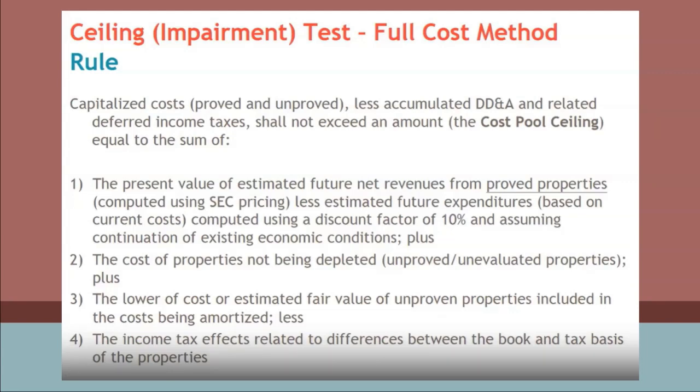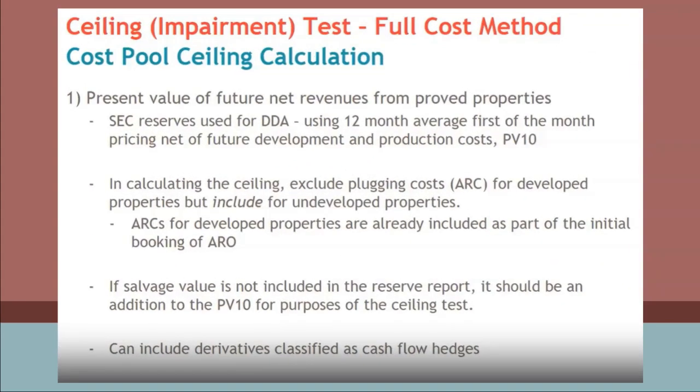These four things added together equal your cost pool ceiling, which gets compared to the capitalized costs. So the first factor is the present value of estimated future net revenues from proved reserves. So you look at your proved reserves and you take the present value of the future cash flows. So you consider your net revenues.